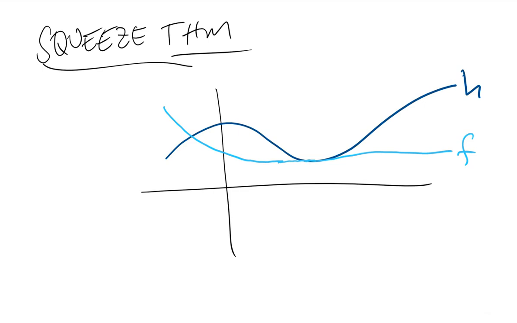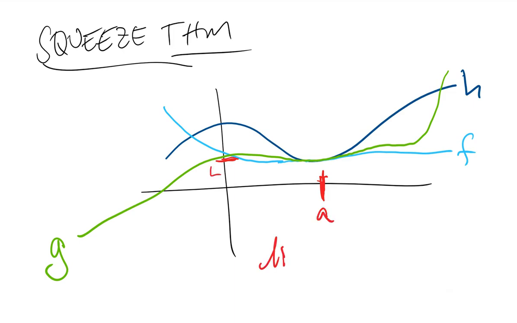Let me do g in green. So g is here. G is moving along. And this is g. So at A, f and h correspond, and we're going to call that value L. So this is A.